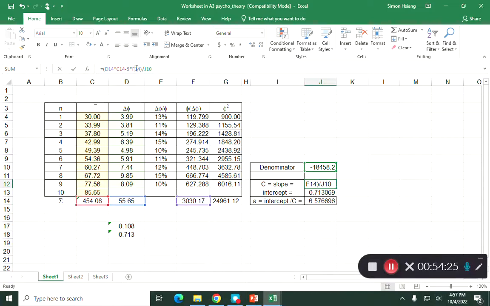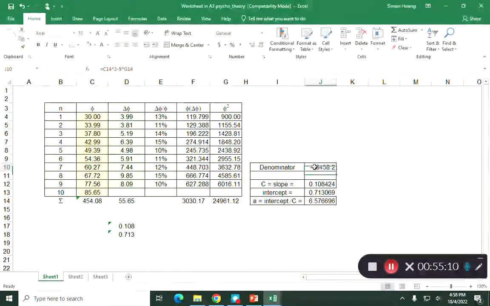Okay. So here is basically, look at here, the summation of delta phi times phi minus 9 times the mean delta phi times mean phi. Okay, the slope.